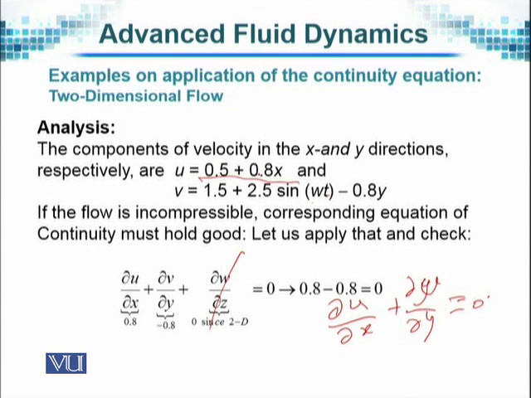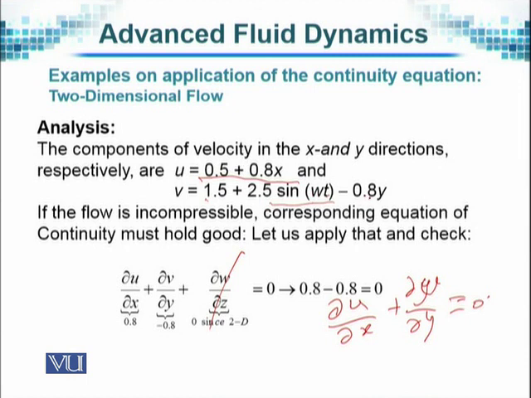The contribution from the first term will be only 0.8, and from the second term you can see this is a constant. There is t here but nothing to do with y. So if we differentiate this part with respect to y, it will also be 0.